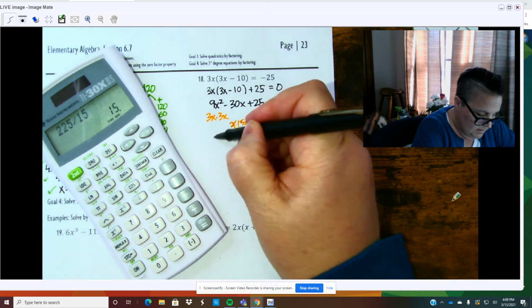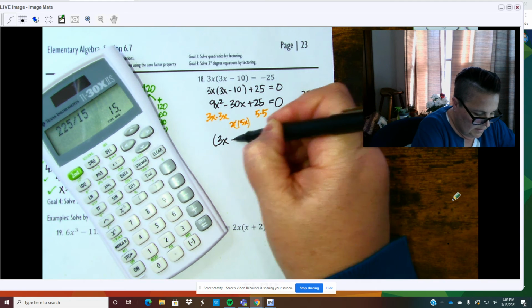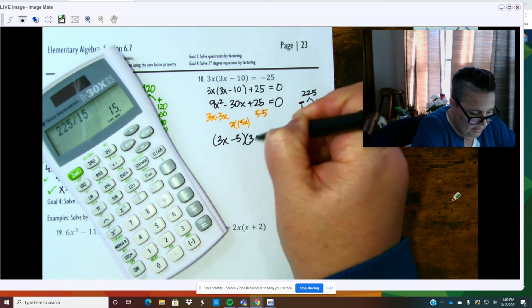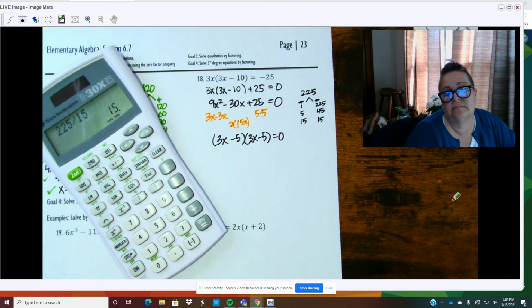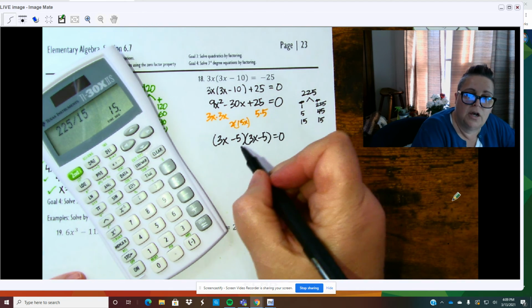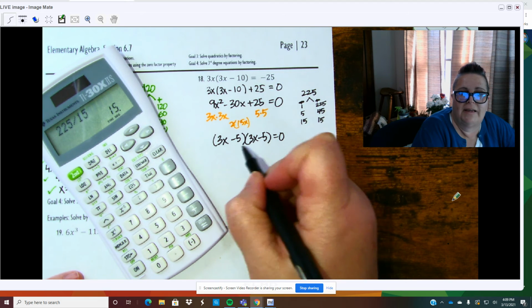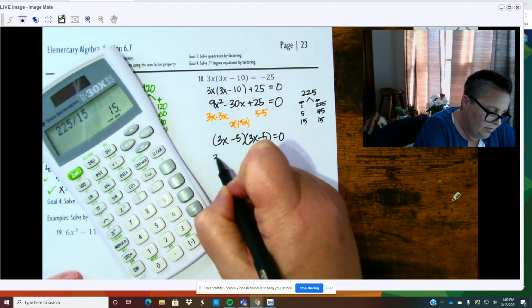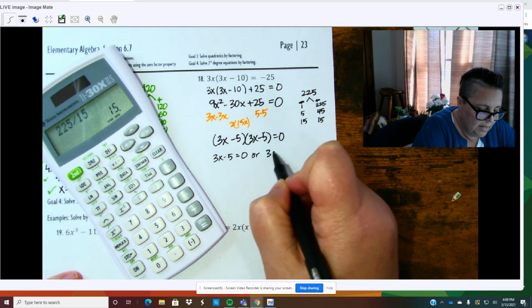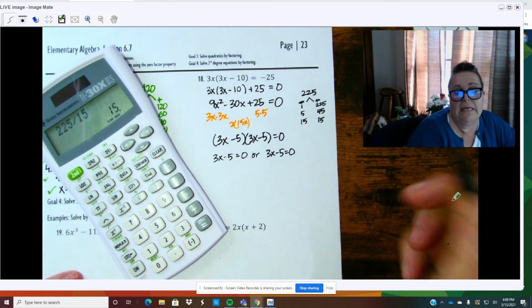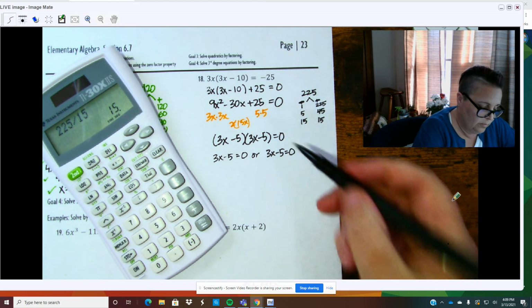So this is going to be 3x minus 5, and a 3x minus 5 equals 0. Yes. Okay. So now I've got it set up so my factors are equal to 0. I have that 3x minus 5 is equal to 0, or it could be that 3x minus 5 is equal to 0. It's the same factor both ways.